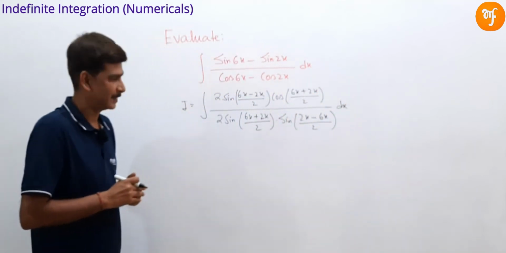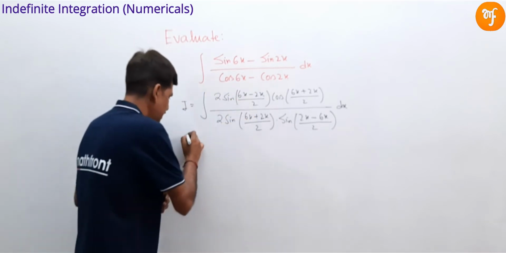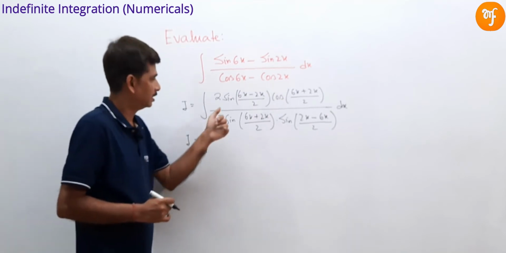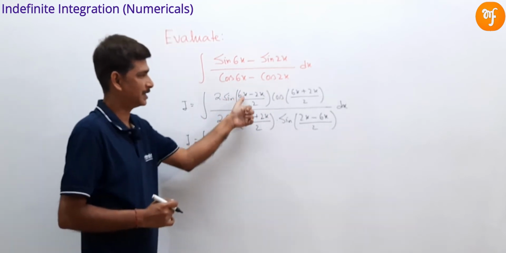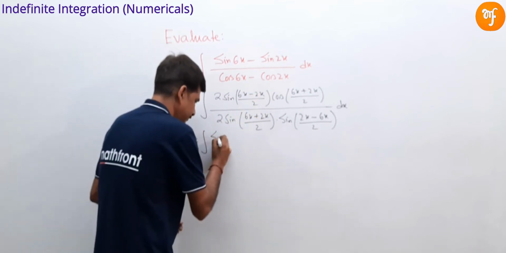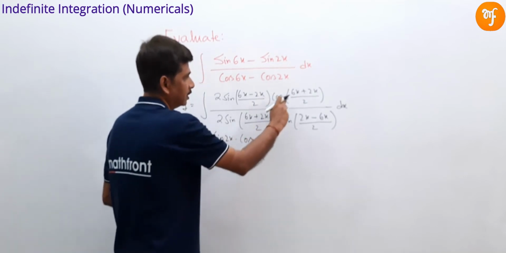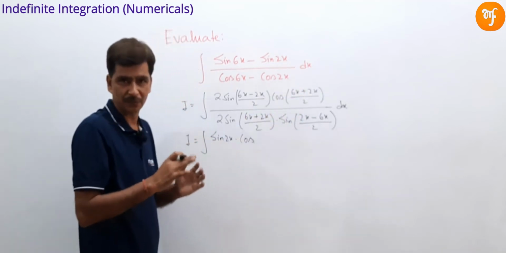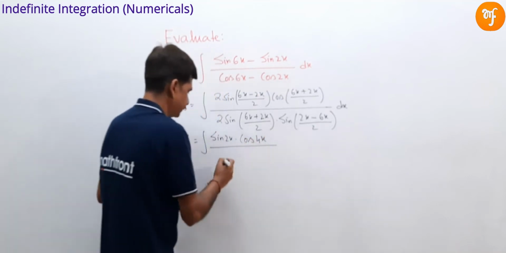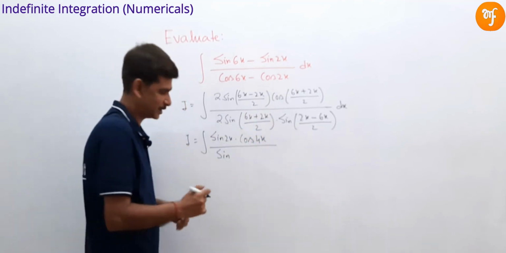Okay, clear? Now simplifying this, the numerator 2 can be cancelled here. So this is sin of (6x minus 2x)/2, that is sin of 2x, into cos of (6x plus 2x)/2, that is 4x, whole divided by sin of, again, (6x plus 2x)/2, that is 4x.